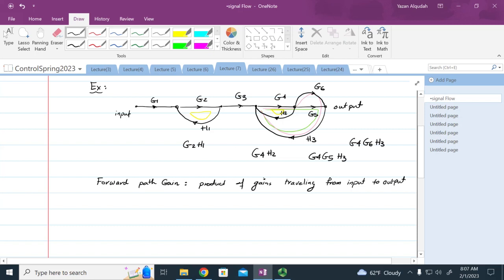If I travel from the input to the output and multiply all the gains as I travel, we call that the forward path gain.